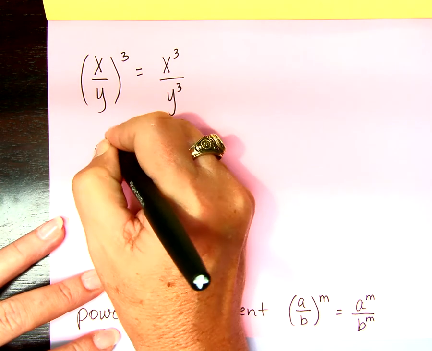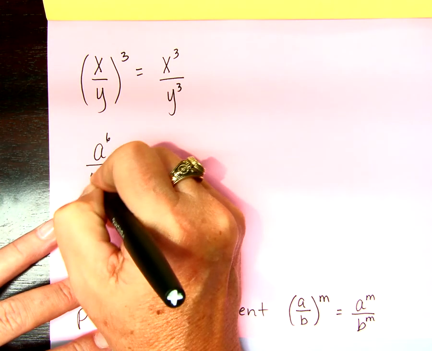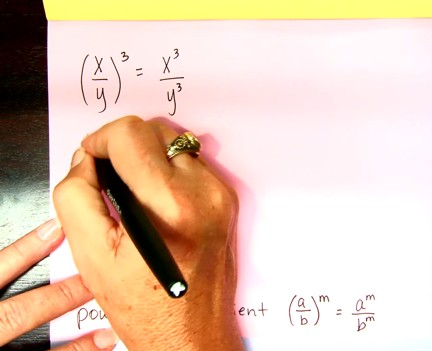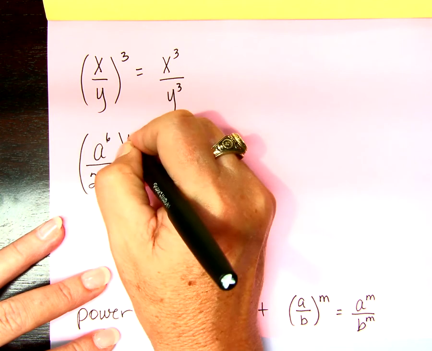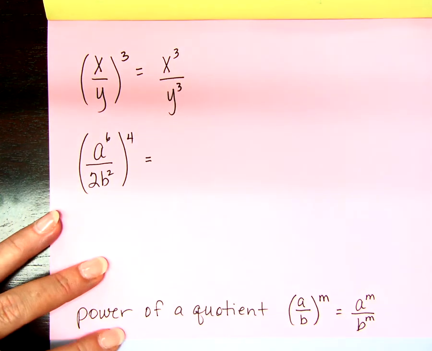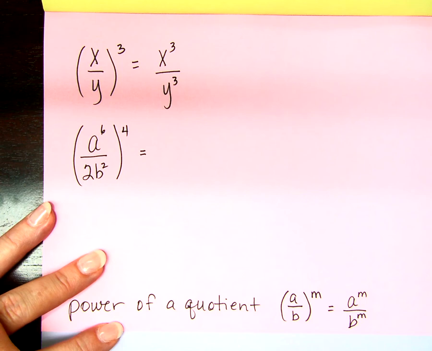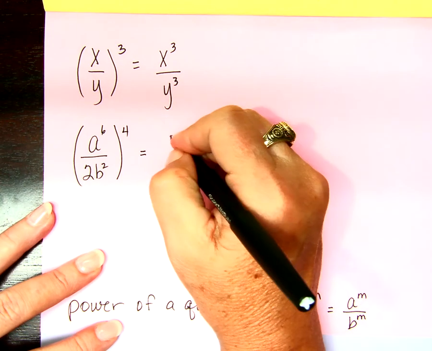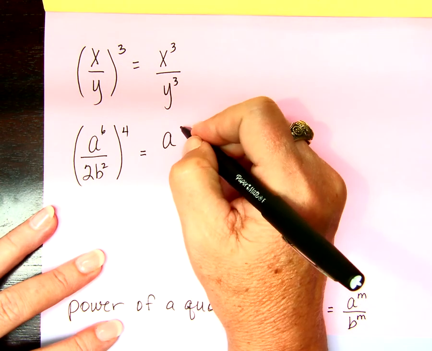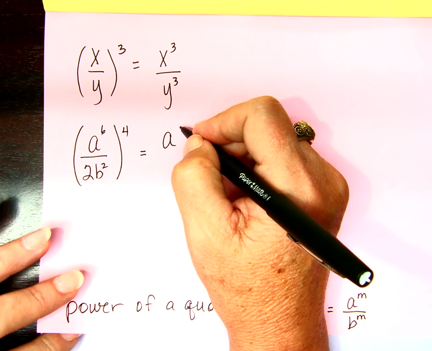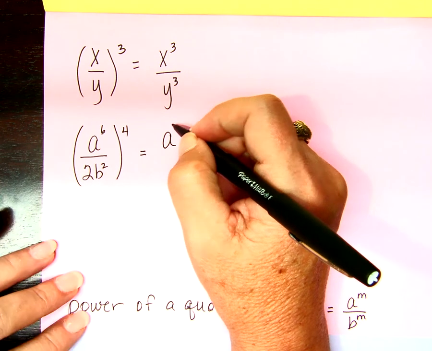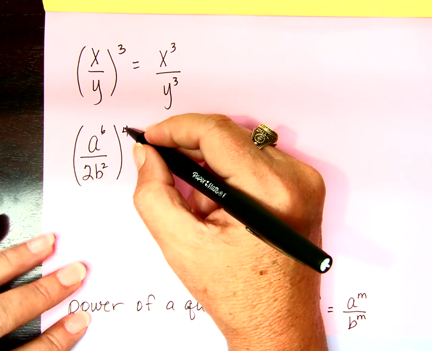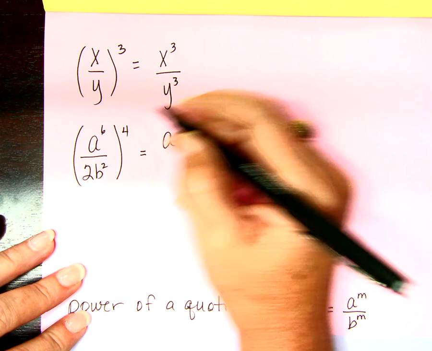A to the 6th over 2b squared. I'm trying to trick you here, just to give you a heads up. Don't be tricked. Okay. A to the what? Isn't that power of a power? And so what do you do for power of a power?